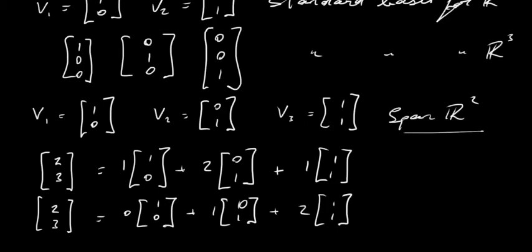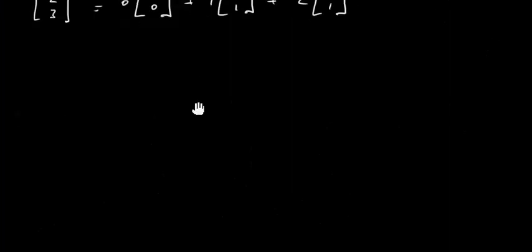Okay, so that's spanning sets and basis. Let's just have a look at the words linearly dependent and linearly independent. Let's take linearly dependent vectors.